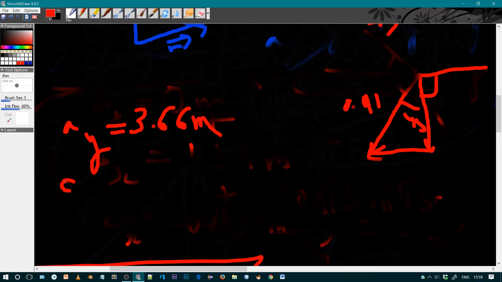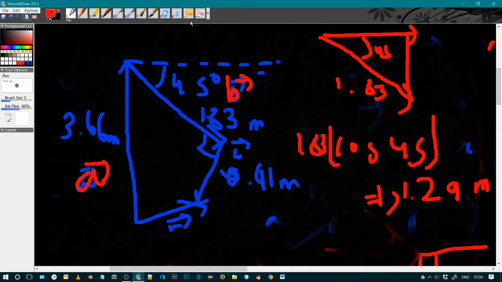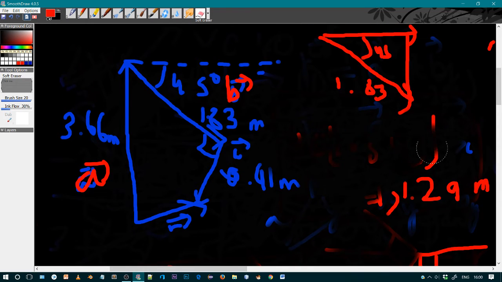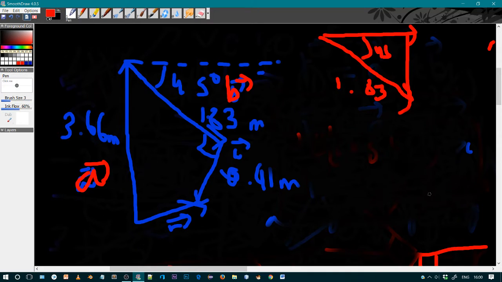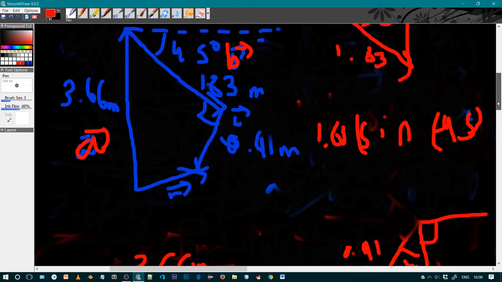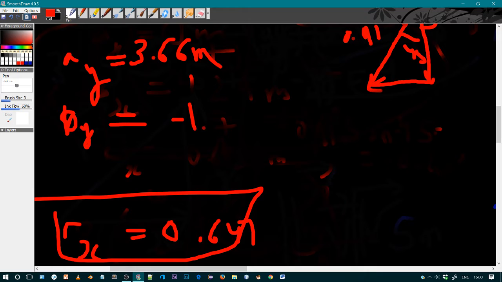Then the value of By of this 1.83 would be sine minus 45 because it's downward, into 1.83. So sine of minus 45 will give minus 1.29.